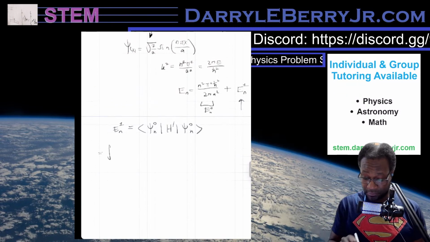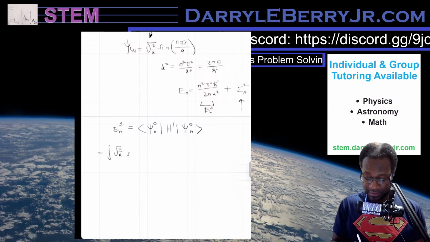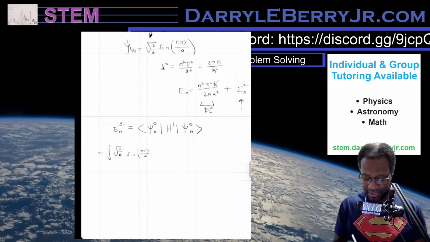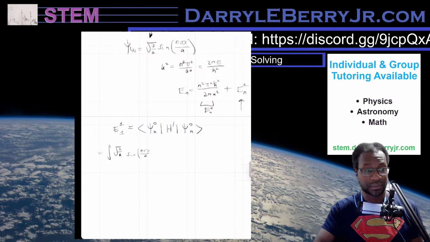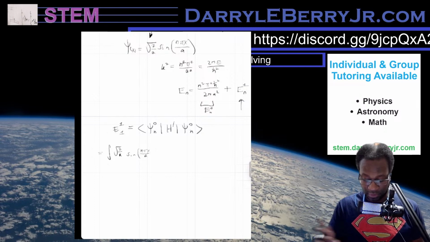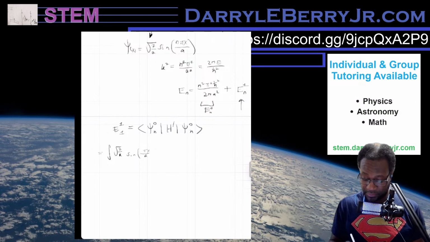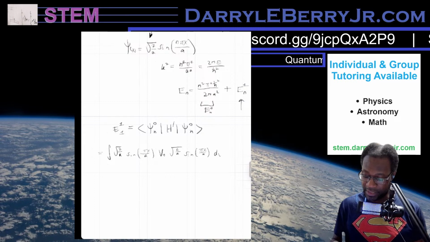So we take our default wave function, which is square root of 2 over a sine n pi x over a. And let's say we want to do the lowest state, right? So let's say n equals 1. So that'll make that 1 pi x over a. Perturbation is V naught. And then we have square root of 2 over a sine pi x over a dx.